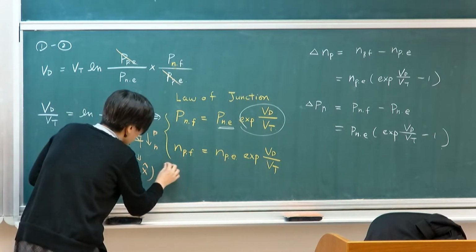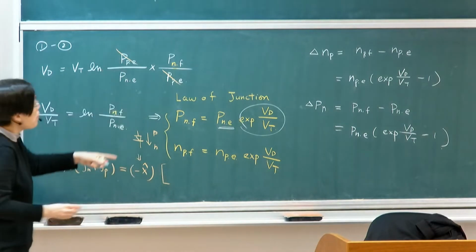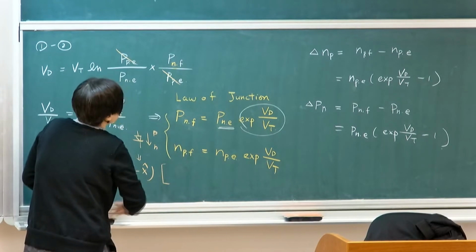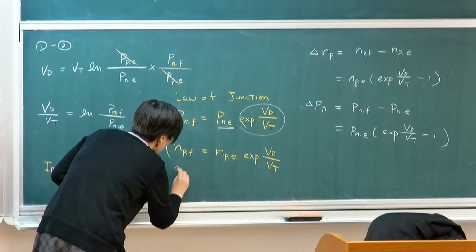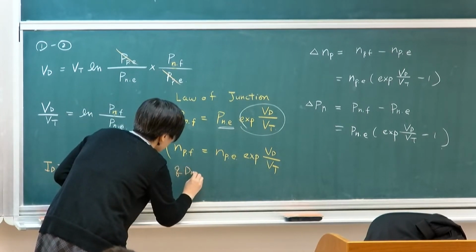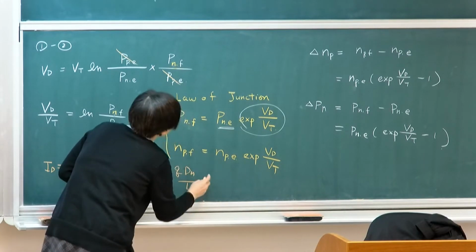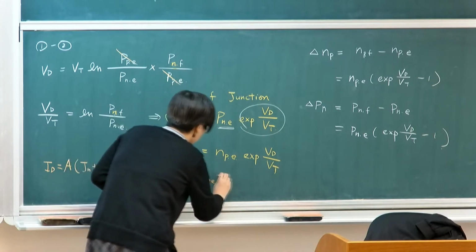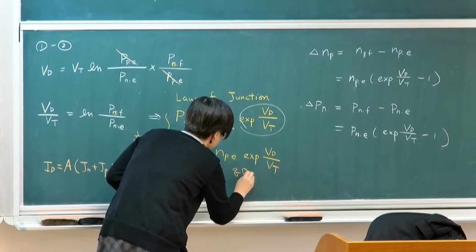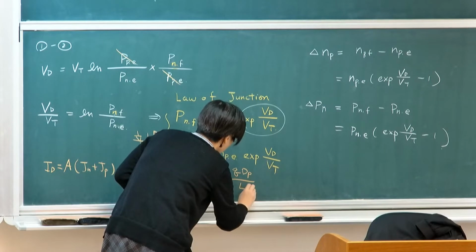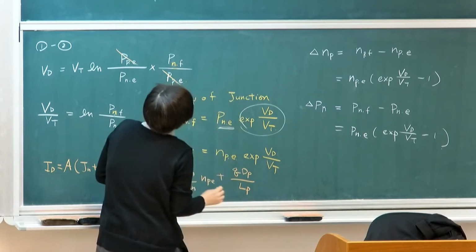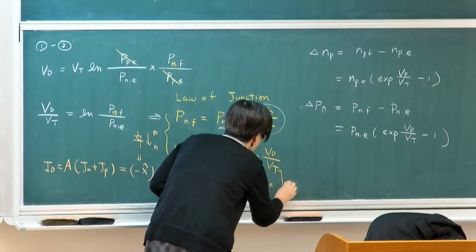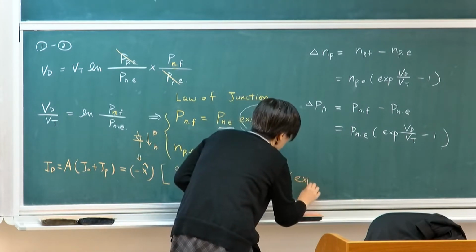So the net current density will then depend on Q Dn/Ln times n_p0 e to the power, plus Q Dp/Lp times p_n0 e to the power, and then exponential.